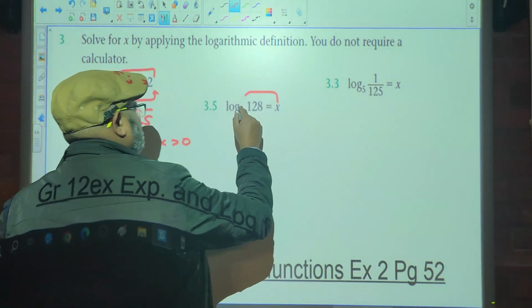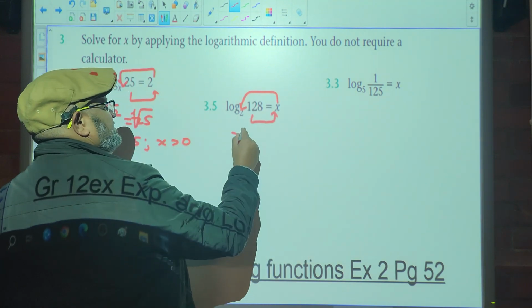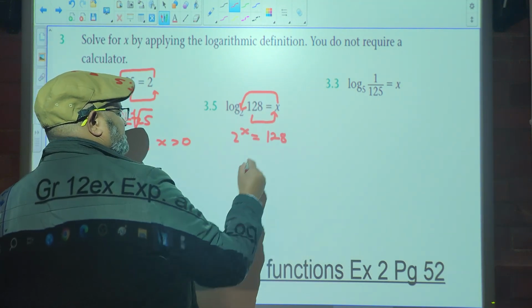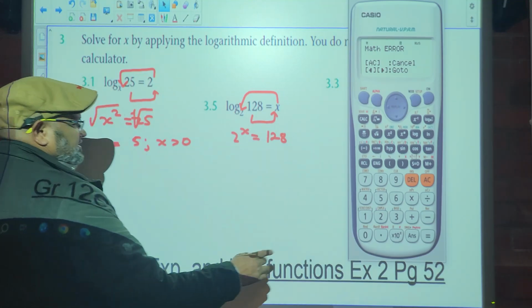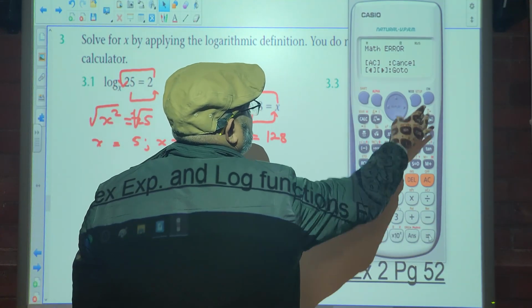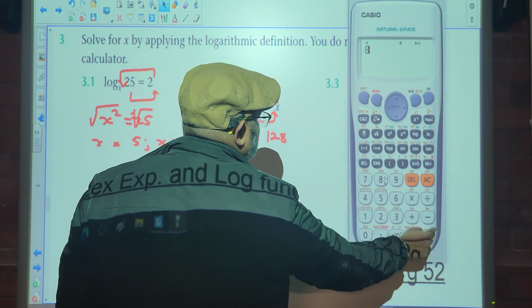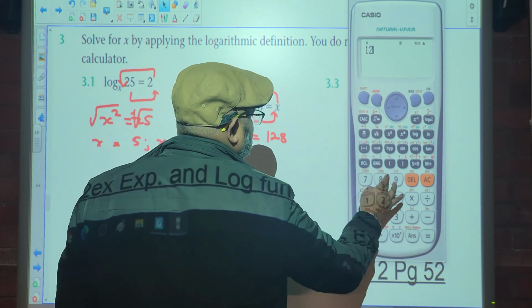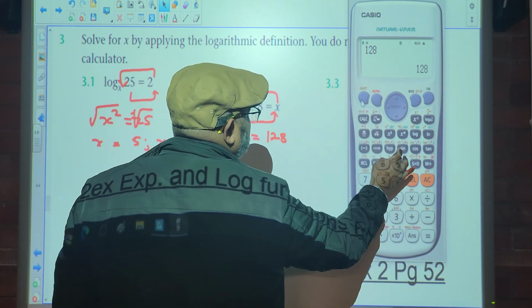Okay, the next one, that goes onto the 2, that on its own. So 2 to the x is equal to 128. 128 can be written as 2 to the 7.